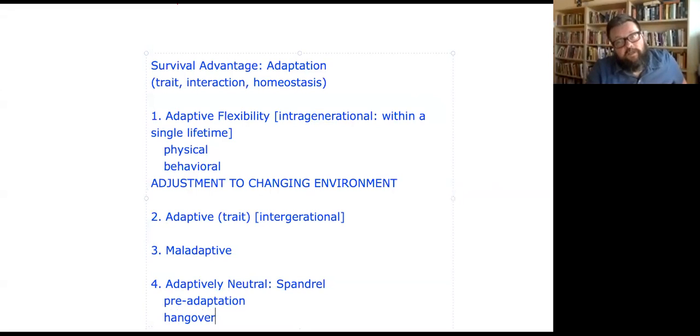A hangover is a trait that used to be key to homeostasis, but now the environment has changed and it is no longer necessary, but we still have it and pass it on from generation to generation, okay? So that takes us through the basics of evolutionary theory.